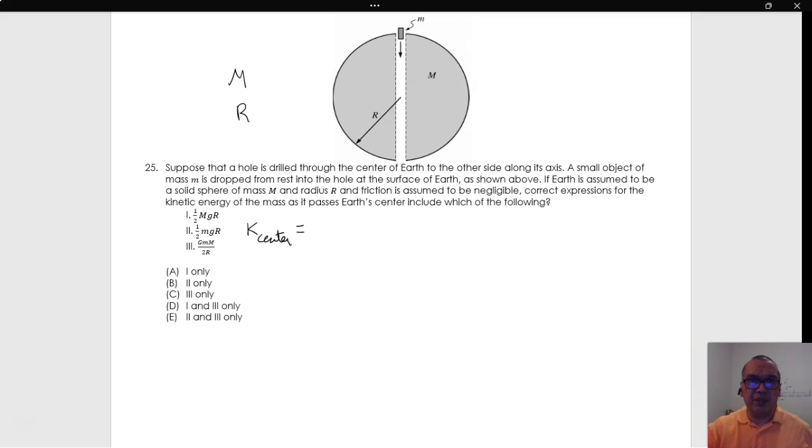In order to determine the kinetic energy at Earth's center, we need to consider the potential energy of the mass-Earth system at the beginning of the hole.